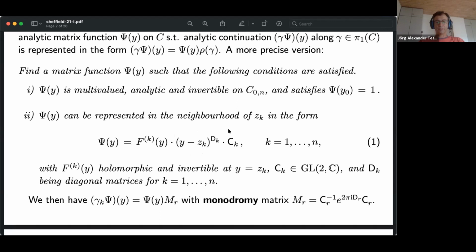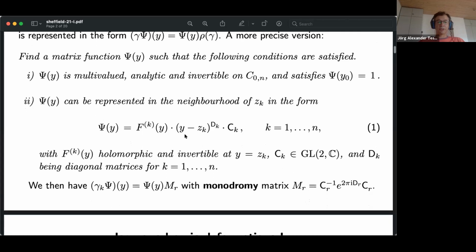And there is a matrix ck for each of these singular points, which is a constant matrix representing the normalization, and what remains is holomorphic and invertible at these marked points. So we've just separated out here the leading singular behavior, and what's left is holomorphic and invertible.